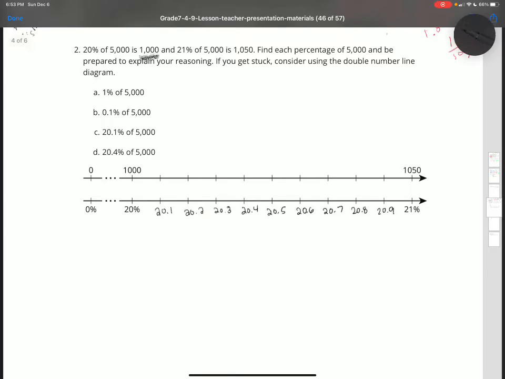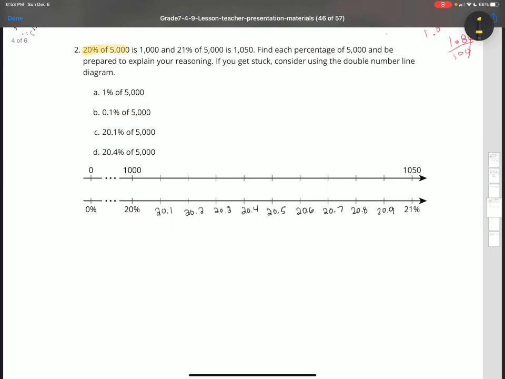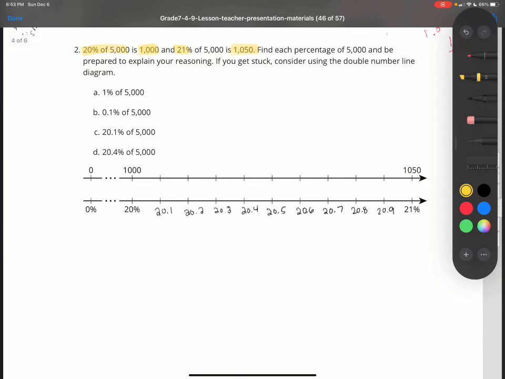Okay, let me use a highlighter. I think that'd be best for this problem. So 20% of this is 1,000. 21% is 1,050. Correct? So what I can do is actually use subtraction to figure out what's 1%. Let me explain.